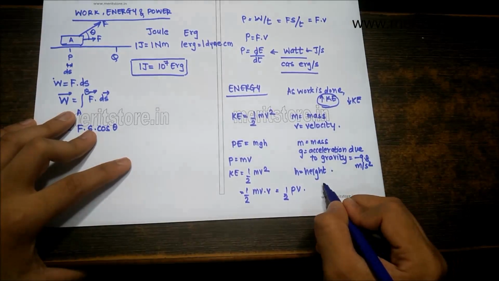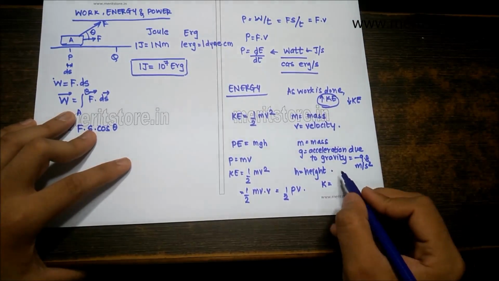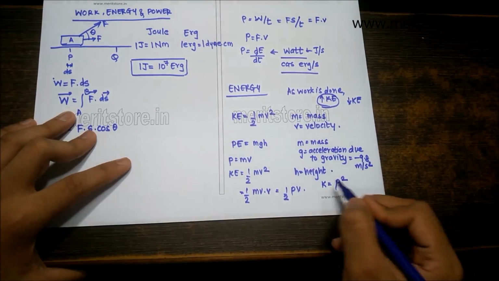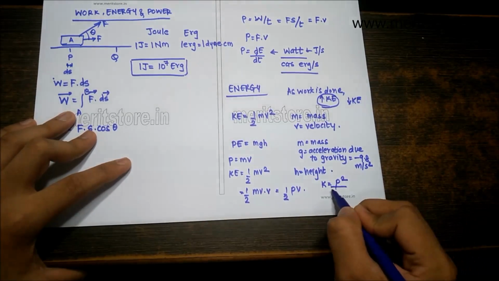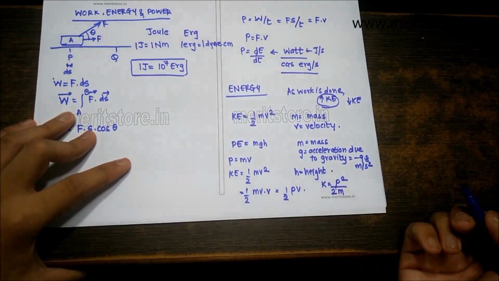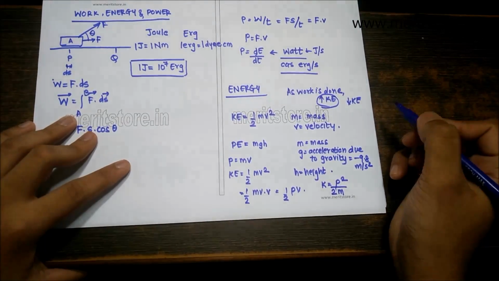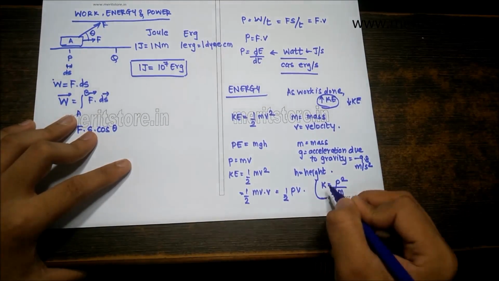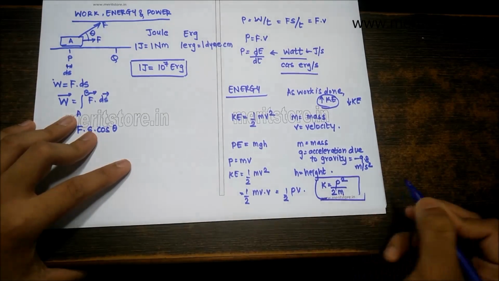Or else K is equal to P squared upon 2m. So these are my relations for kinetic energy in terms of momentum.